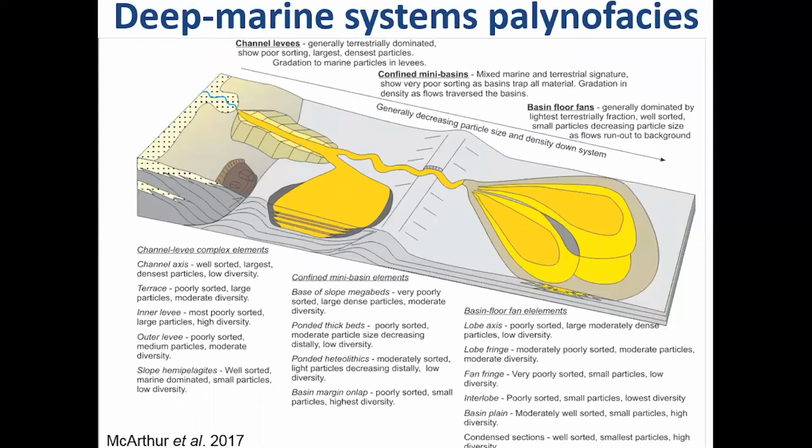And then we moved on down to the basin floor to look at a submarine fan system, which is dominated by the lightest terrestrial fraction, but was relatively well sorted as such, with decreasing particle size as flows ran out across the basin plain to merge with the ambient marine material.